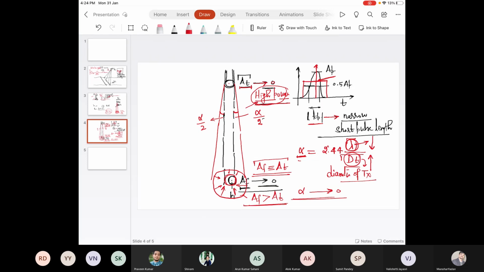So we have only one option to decrease alpha, and that is to decrease lambda. It means lambda at NIR band, lambda at, let's say, red band, lambda at green band. Out of these, which will be the best? In which case do we have the least alpha: alpha NIR, alpha red, or alpha green?